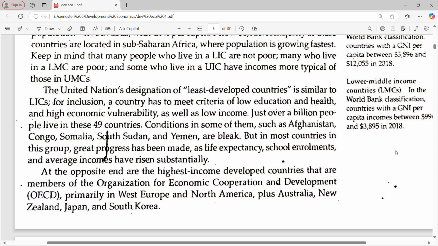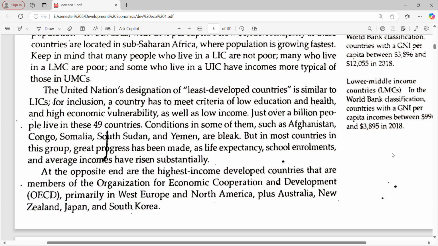Then lower income countries include around 10 to 15%. Then you have 16% as high income countries. Okay. The UN further classifies least developed countries based on low health, education and income levels alongside economic vulnerabilities.